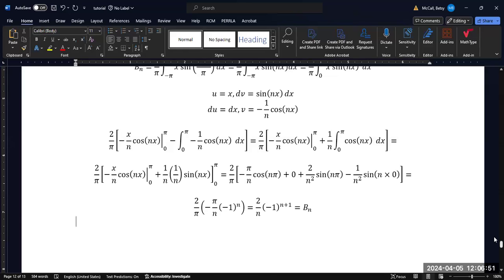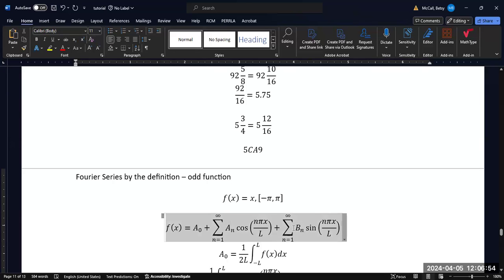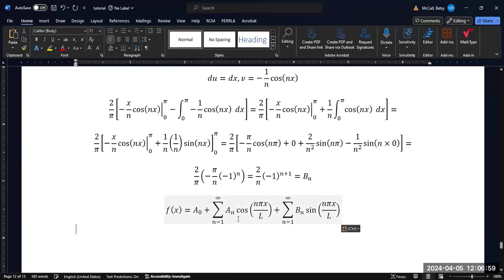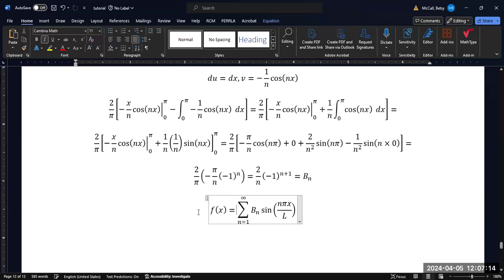So now what is my Fourier series? Let's fill in our general formula. a sub 0 we established was 0. And a sub n we established was 0. So all of this, poof. And what do we end up with? b sub n, we end up with 2 over n times negative 1 to the n plus 1.